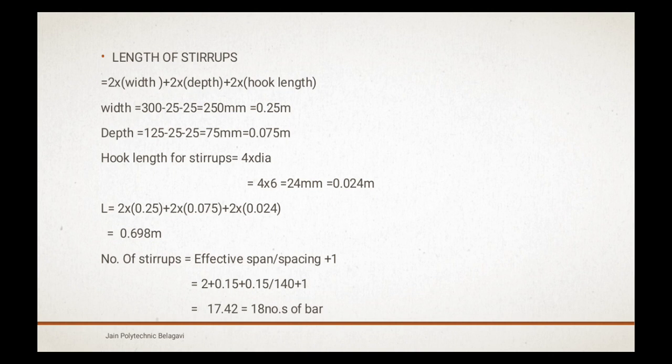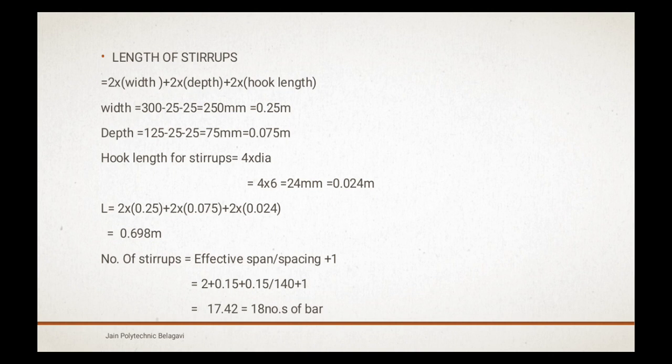So length of stirrups is 2 into 0.25 plus 2 into 0.075 plus 2 into 0.024, so our length is 0.698 meter.